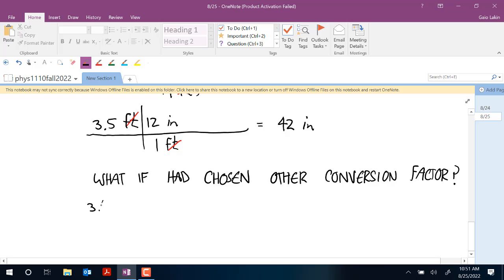So I'd start with 3.5 feet, and I'd multiply it by 1 foot over 12 inches.